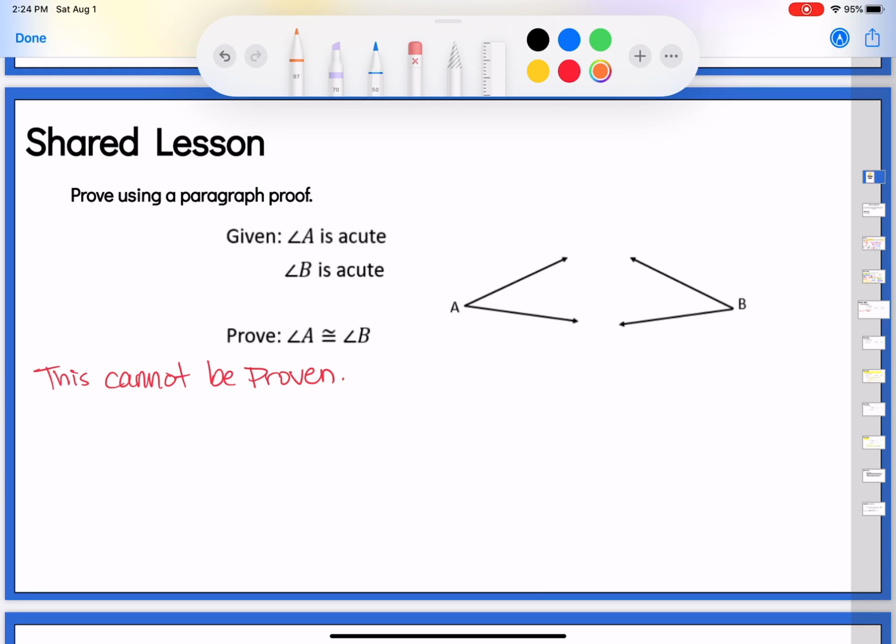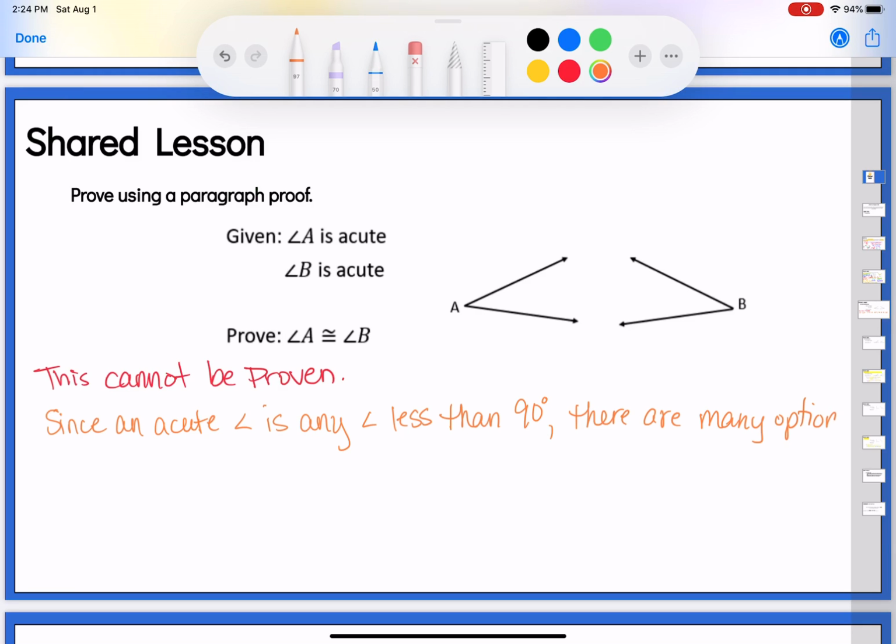So we say, since an acute angle is any angle less than 90 degrees, there are many options for angle A and angle B.